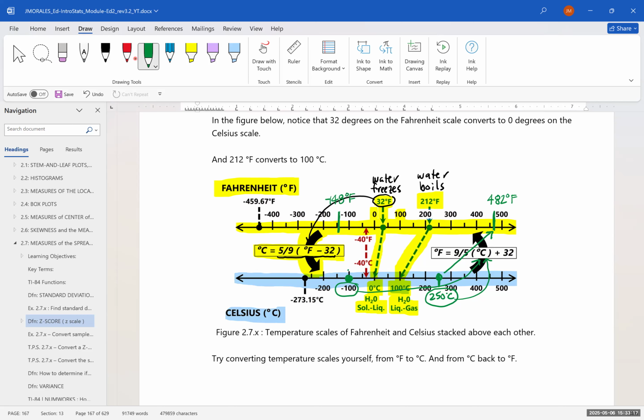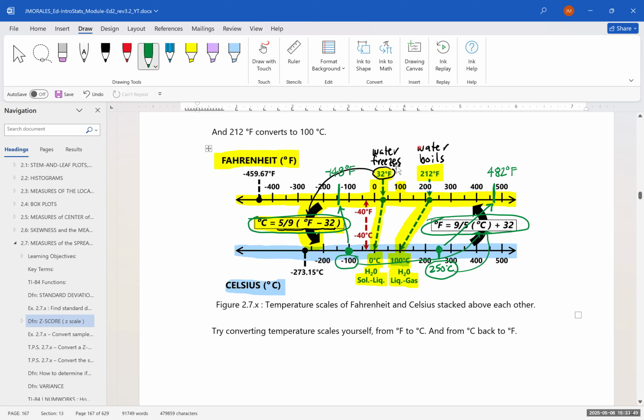So negative 100 centigrade converts to negative 148 degrees Fahrenheit. So you can see that we have two completely different scales, and we can go back and forth between them using inverse functions, using these two equations. So that's one example.